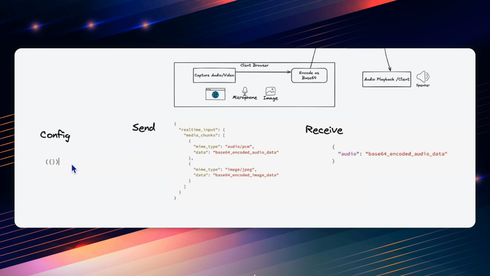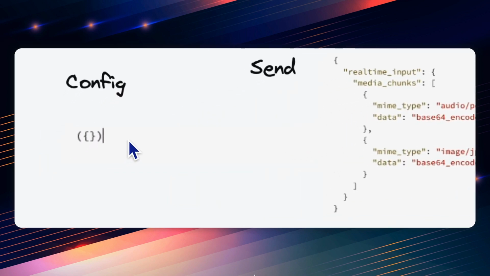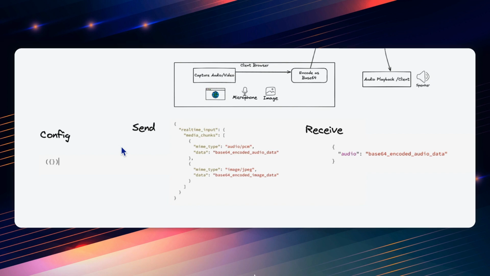The first is the config message. When a client connects, it should send a config message for initialization. Although the server doesn't currently process the content of this message, it's best practice to send an empty JSON object for future compatibility. And then there is the send message.